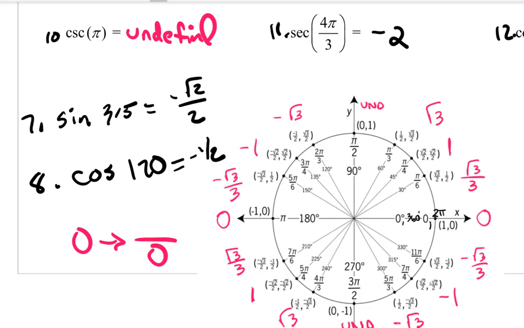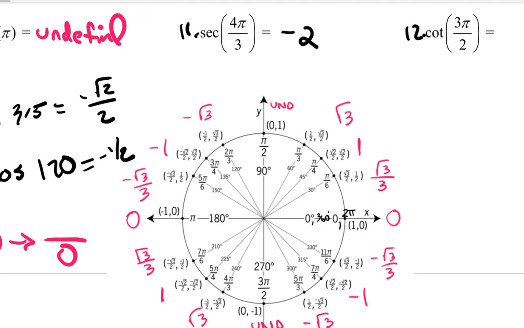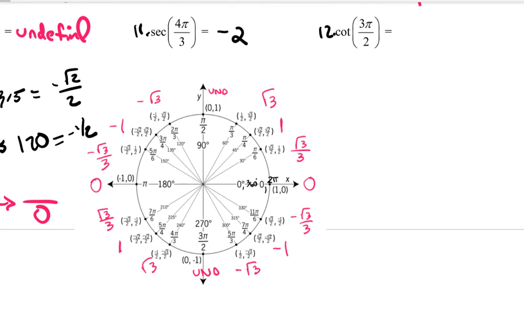So there's a lot of thought process that goes into secant, cosecant, cotangent. There's just one more step, because in addition to locating the value, you have to do the reciprocal of it. Now 3 pi over 2, here's another one. It has the coordinates 0 and -1. I want cotangent, so if I look at the tangent of that, the tangent is undefined. I could just have it memorized that cotangent is the reciprocal of undefined, which would be 0.